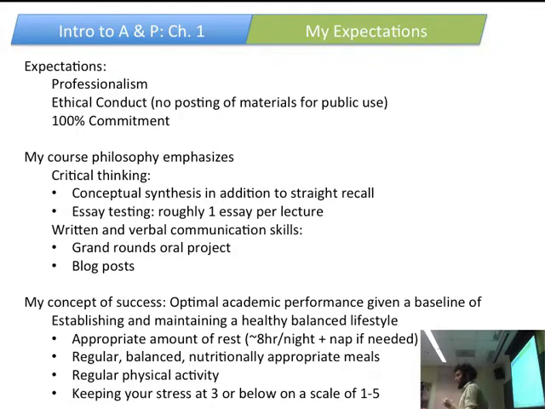Think critically. Think critically. Because that is what will set you apart from being an average healthcare practitioner and being the exceptional healthcare practitioner that we need in this country, that your patients deserve. Thinking critically. It'll set you apart.